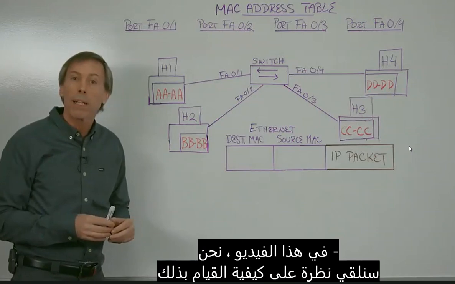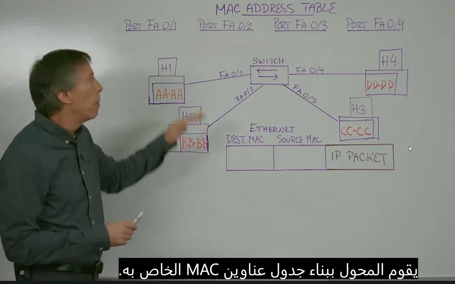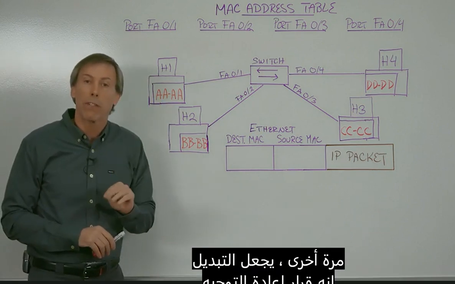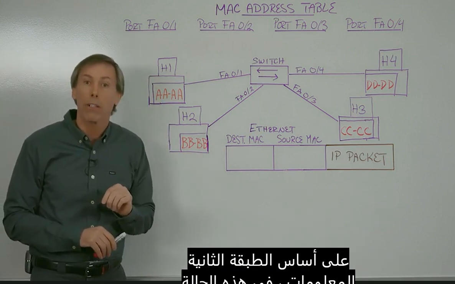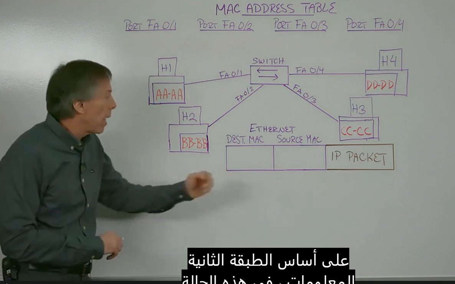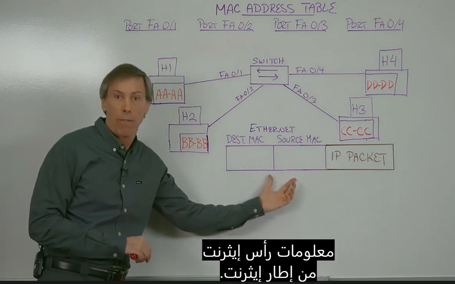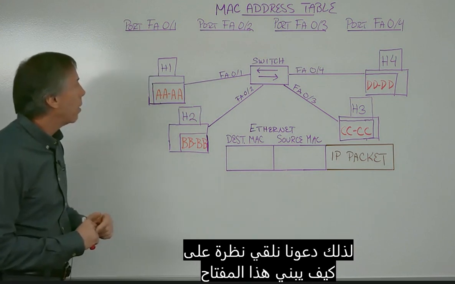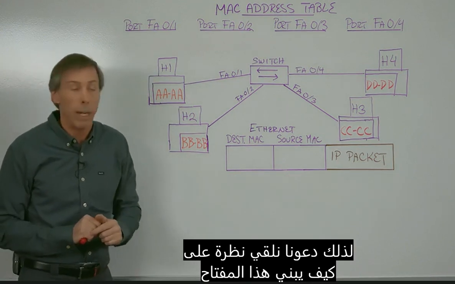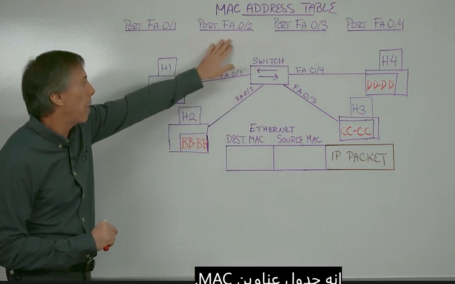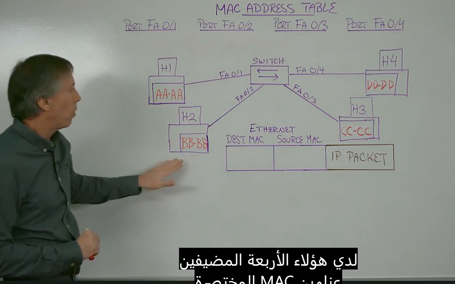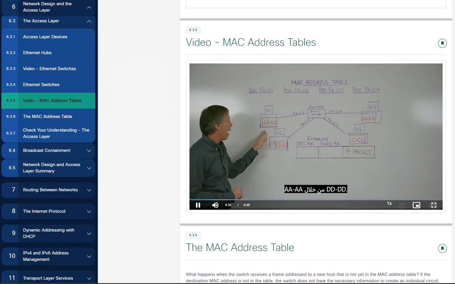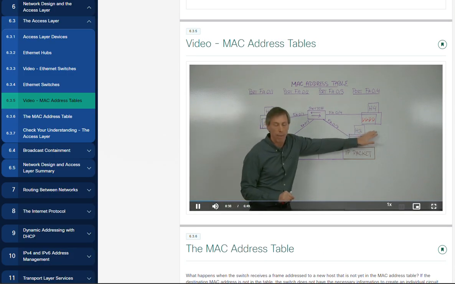In this video, we're going to take a look at how a switch builds its MAC address table. Once again, a switch makes its forwarding decision based on layer 2 information, in this case, the Ethernet header information of the Ethernet frame. So let's take a look at how this switch builds its MAC address table. On these 4 hosts, I have abbreviated MAC addresses, AAAA through DDDD.